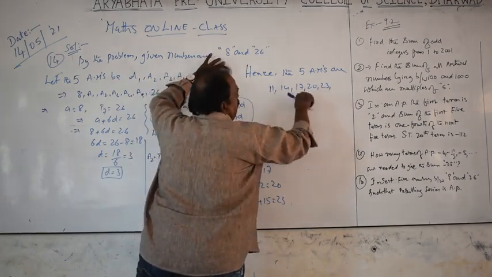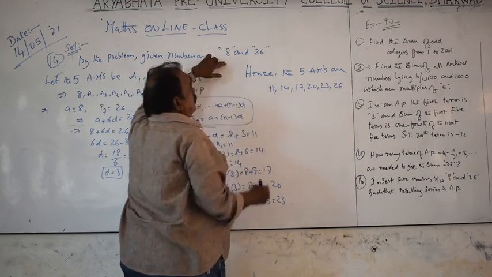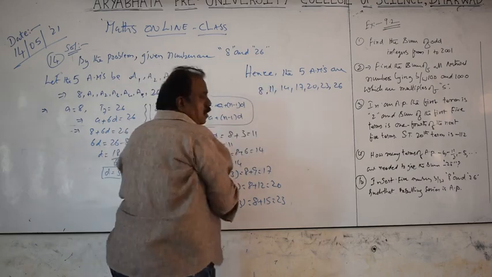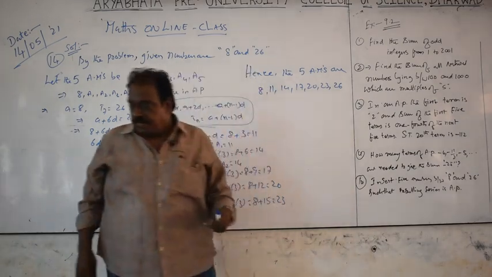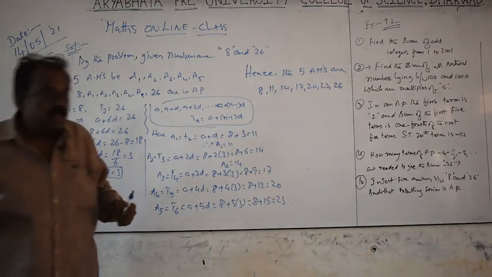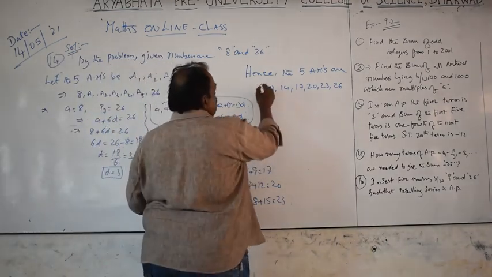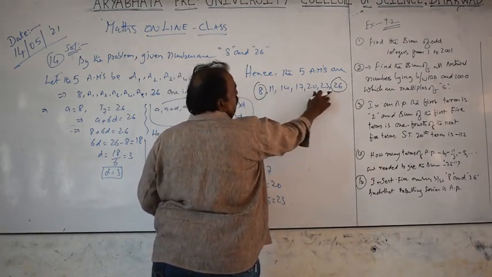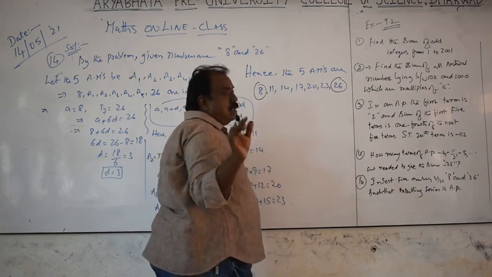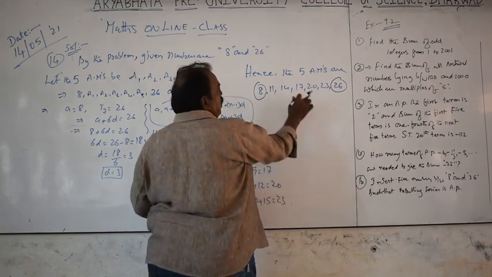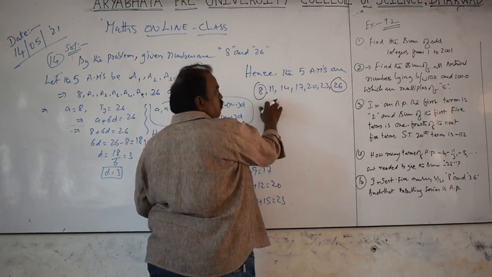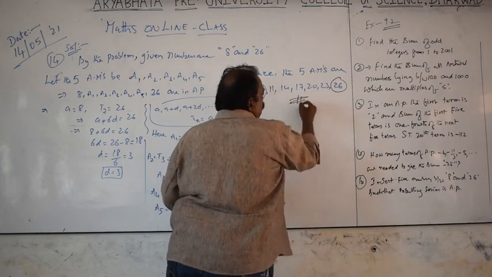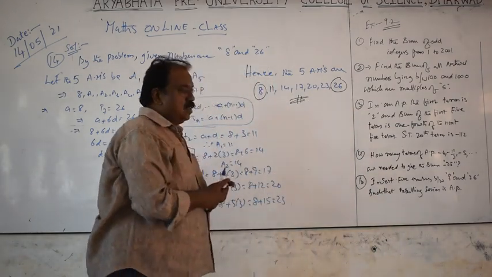The next one, by adding 3, is 26, and before that it is 8. We are given 8 and 26, and the 5 numbers in between are in AP: 8, 11, 14, 17, 20, 23, 26. Like this, we have to solve that problem.